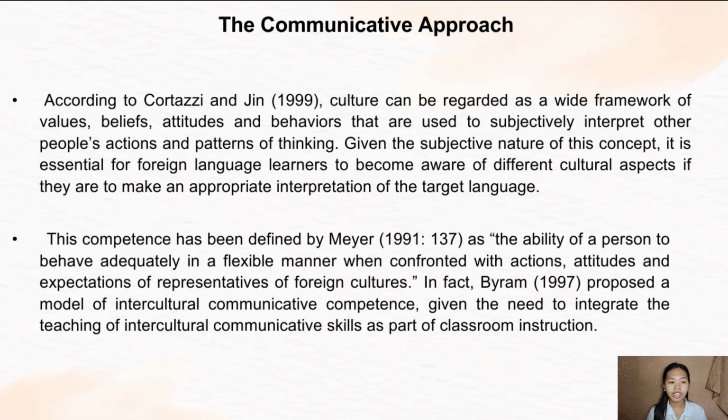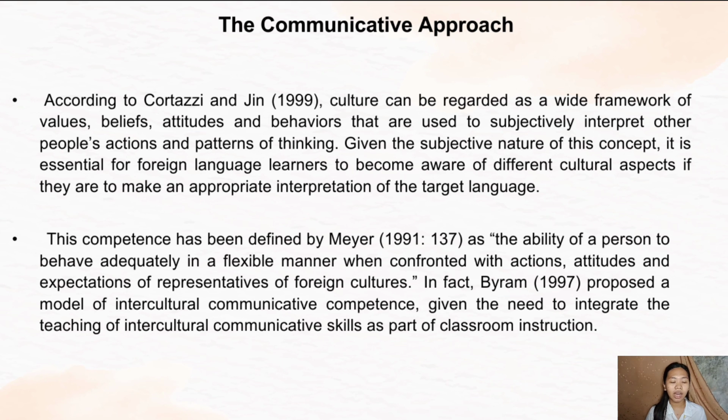By this time, we have now evolved from the environmentalist approach to the innatist approach to the interactionist approach, and then with the communicative competence, here comes the intercultural communicative competence, which will be integrated into second language teaching. This competence has been defined by Meyer in 1991 as the ability of a person to behave adequately in a flexible manner when confronted with actions, attitudes, and expectations of representatives of foreign cultures.